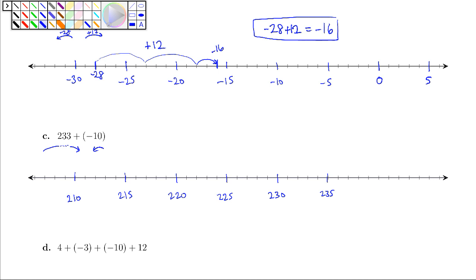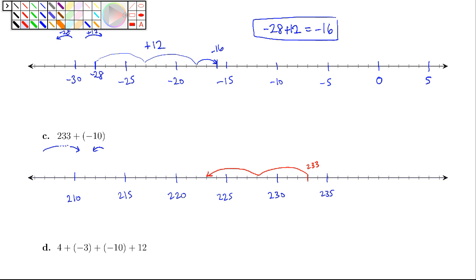So here is, I'm going to use a different color this time. 233 is there. And if I subtract 10, well, I can use the same trick as last time. Here's minus 5. Sorry, I'm saying subtract 10, but I'm adding a negative 10, which is really, you can see, it's the same.